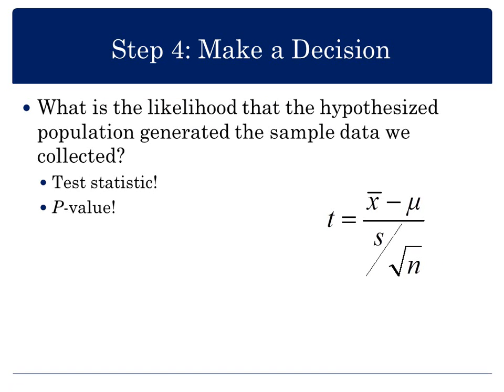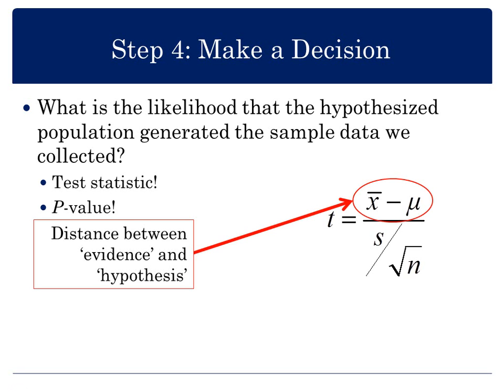Okay? So what is the t doing when we use it in this scenario? The top of the t is a difference between the sample mean and the mean of that population at the top of the picture. So essentially, when I take my sample mean and subtract out what I've hypothesized the mean of the population to be, that difference gives me a distance between the hypothesis and my evidence.